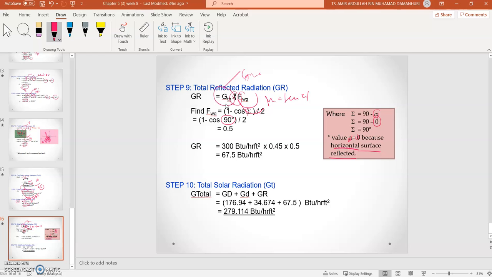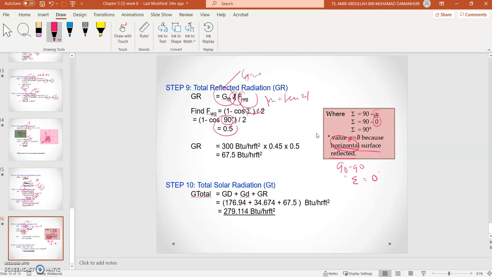But if it is vertical surface reflected, we will use 90 minus 90. So that's why the value of sum will be 0. Since it is the horizontal floor, that's why we are using the 0 value here. Alright, so FWG here you get is 0.5.